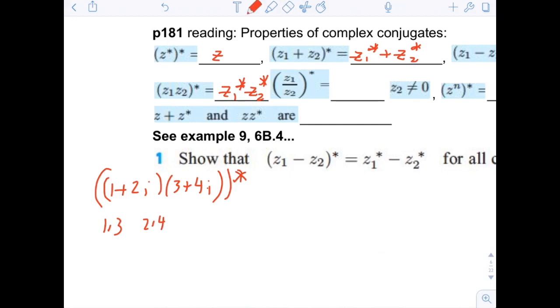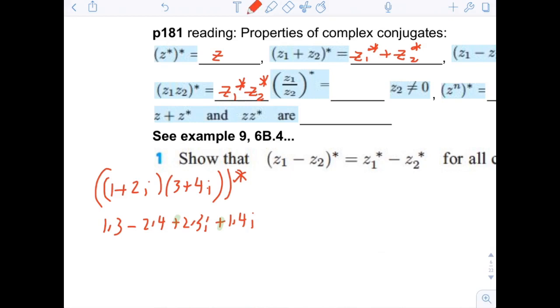Because this is an i squared, right? And then the imaginary parts would be 2 times 3i plus 1 times 4i, right? And if I was to take the conjugate of this, I would be changing these pluses to minuses.